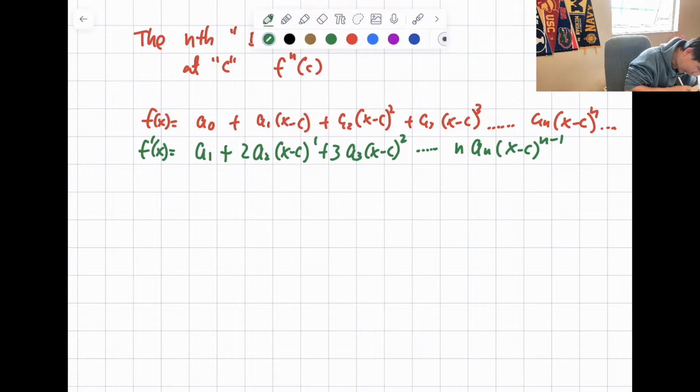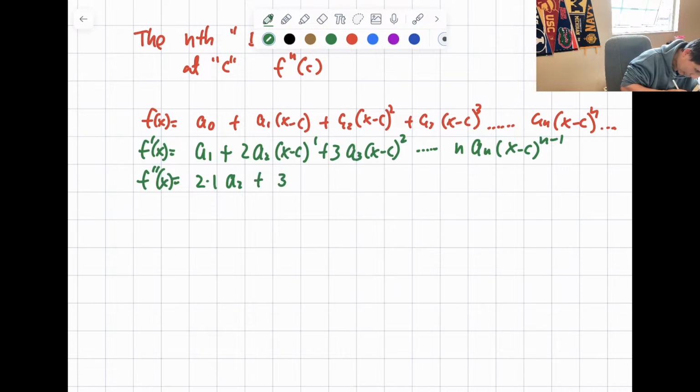Now I'm gonna continue taking a couple more derivatives. If I take the second derivative, a1 is gonna go to 0, but the 2 is gonna drop in the front, and it's gonna be 2 times 1 times a2. Now why didn't I write down just 2? I wrote down 2 times 1. Hopefully you can see where this builds.